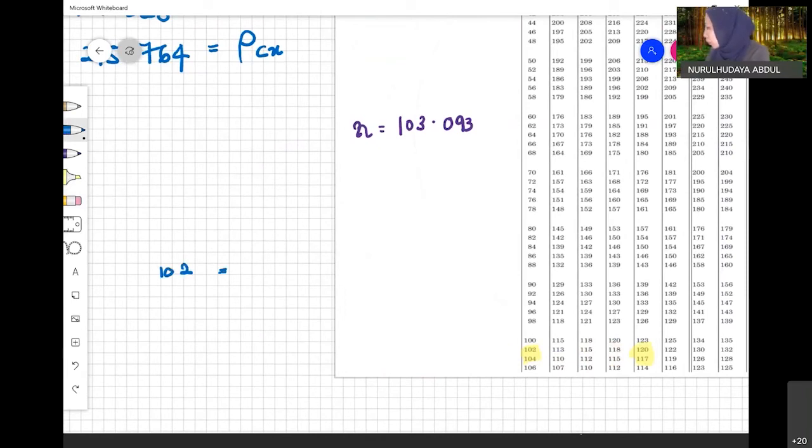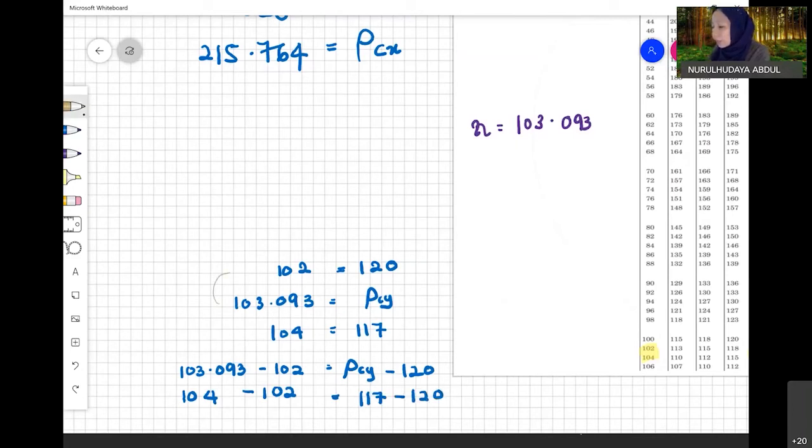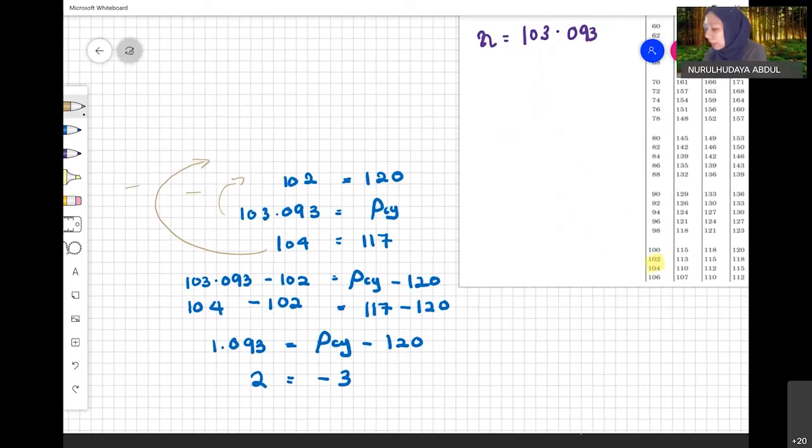And we can do the same thing again. 102 is equal to 120, 103.093 equal to unknown, 104 equal to 117. Subtract 103.093 minus 102 equals PCY minus 120, over 104 minus 102 equals 117 minus 120. Simply put, this minus this, this minus this. 1.093. You do the same thing again.